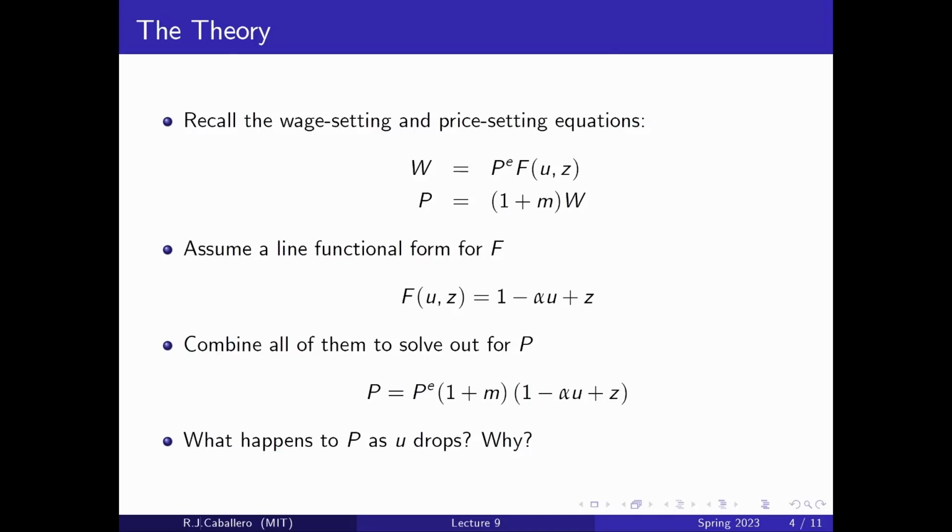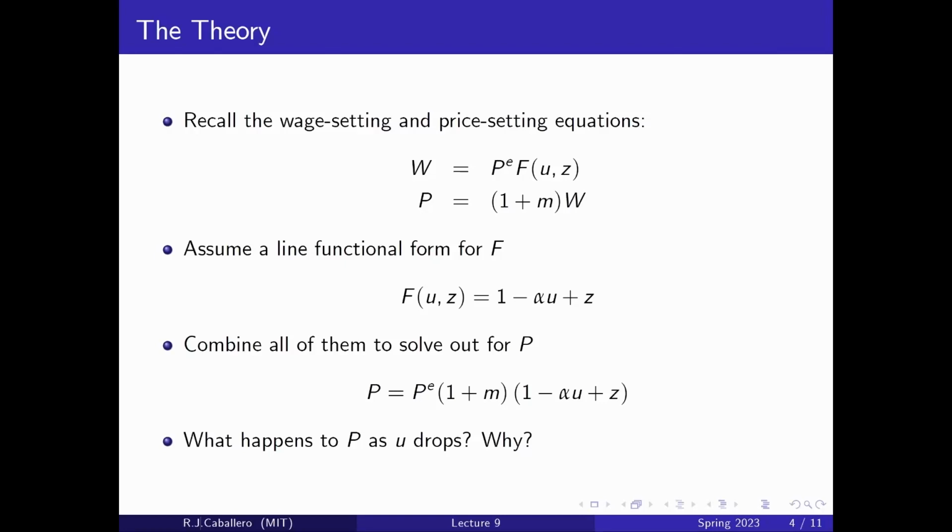That will be the case only if PE happens to be equal to P. Then we simplify this function f for something linear like this. Very simple, but again, decreasing in unemployment, increasing in this institutional parameter z. We replace this wage from this expression and rearrange, so we got this here.